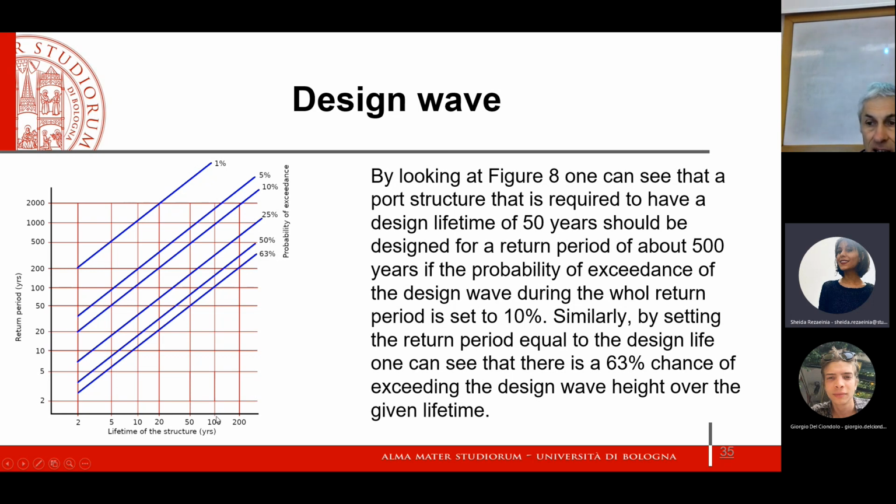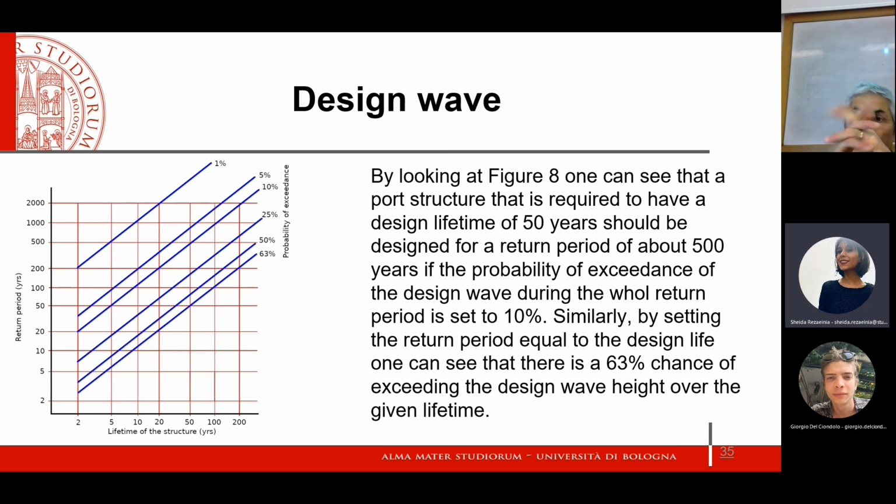So it means that there is a 63% probability that the event corresponding to a return period of 100 years occurs in a 100-year lifetime. This is an interesting consideration.